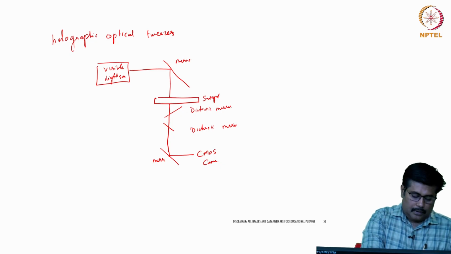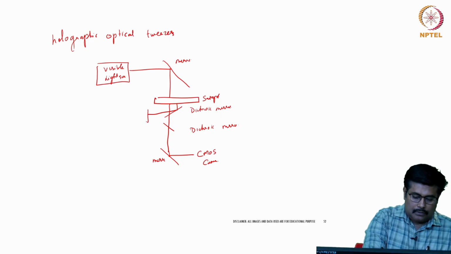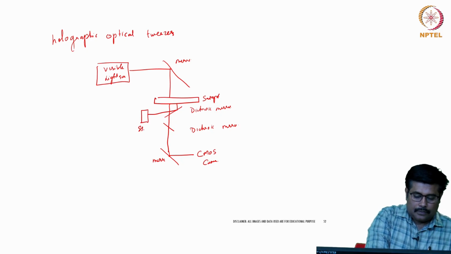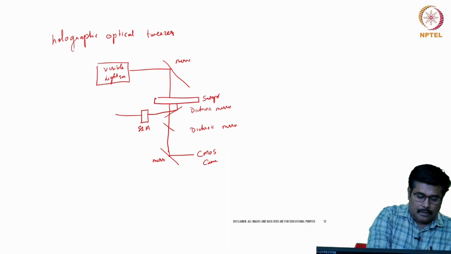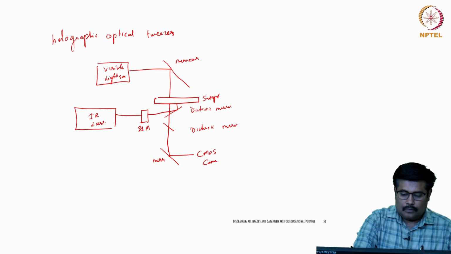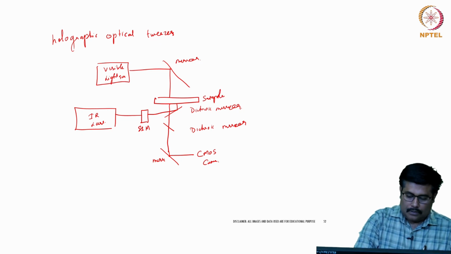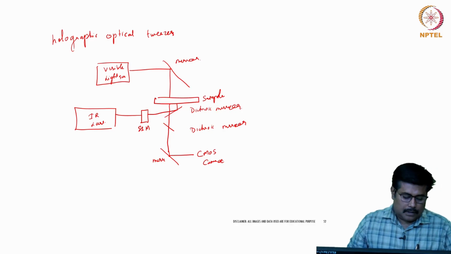And then there is a spatial modulator, which we call SLM, and an IR laser. This is going to be a CMOS camera.